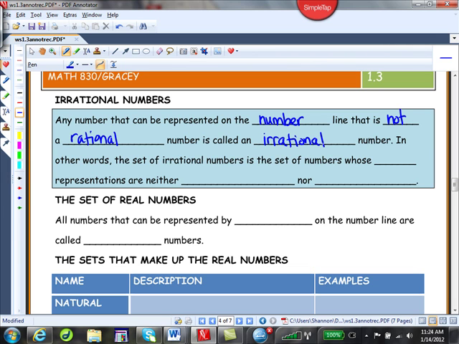In other words, the set of irrational numbers is a set of numbers whose decimal representations are neither terminating nor repeating.